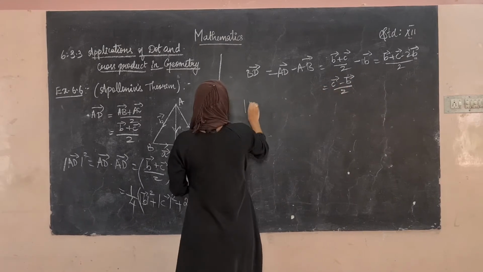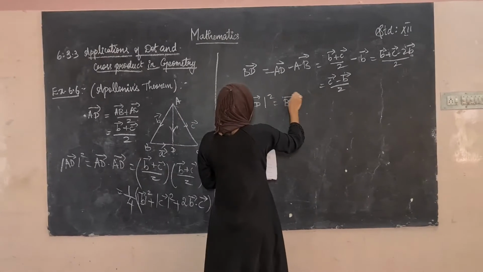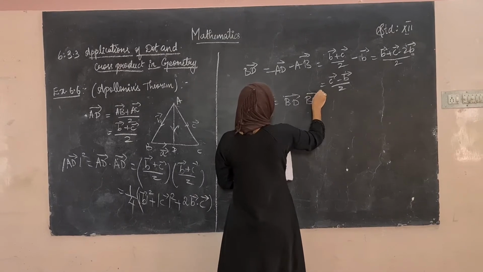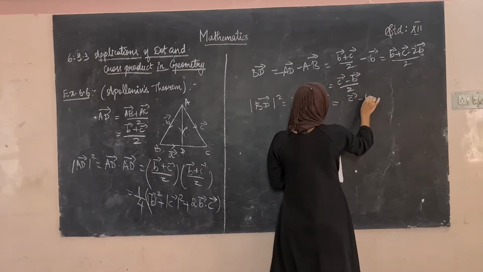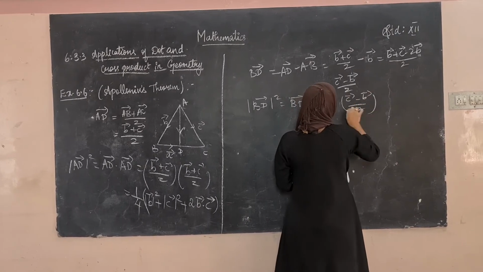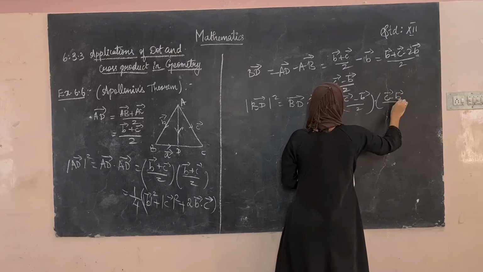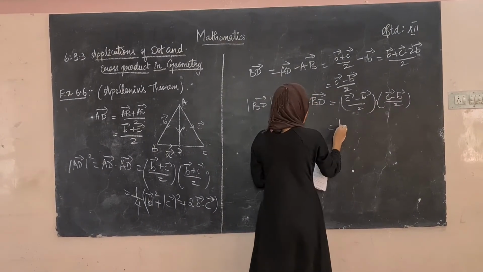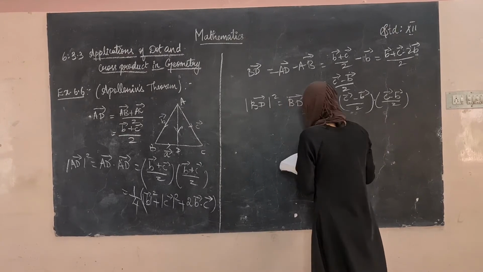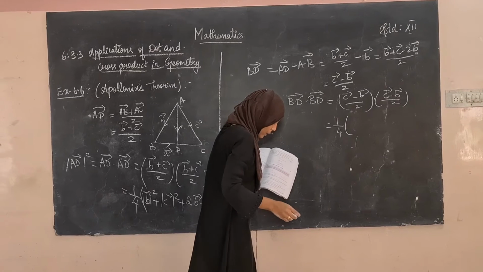Now let us take modulus of BD vector the whole square. It is equal to BD vector dot BD vector. BD vector is C vector minus B vector divided by 2 dot C vector minus B vector divided by 2. Okay, so 1 by 2 into 1 by 2 is 1 by 4.